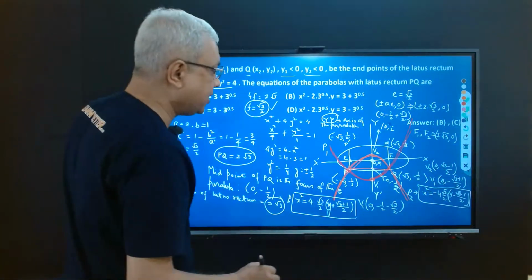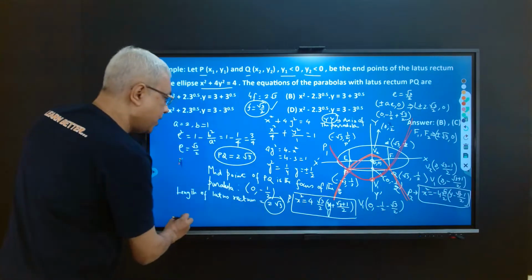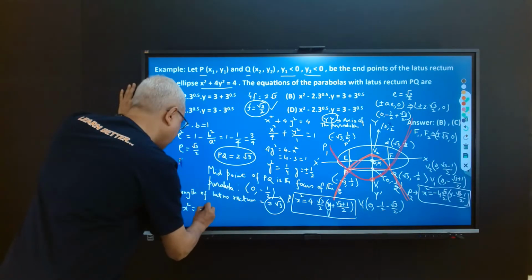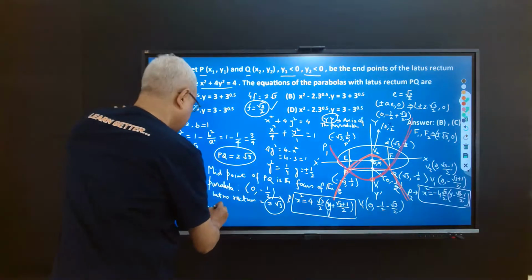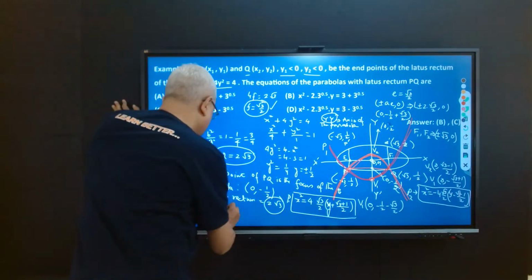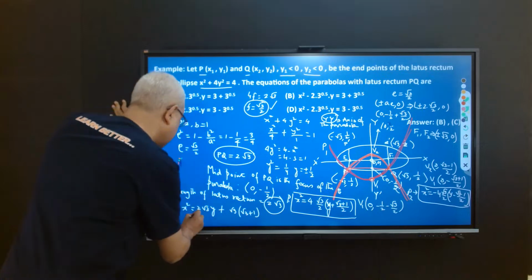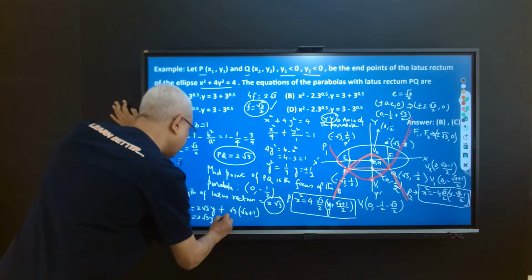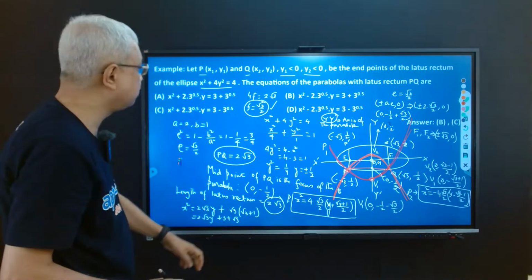So what can I write from this? From the equation of P1 I can write x square is 2 root 3 y plus 2 root 3 multiplied by (root 3 plus 1) by 2. So it is root 3 multiplied by (root 3 plus 1). So x square is 2 root 3 y plus 3 plus root 3.